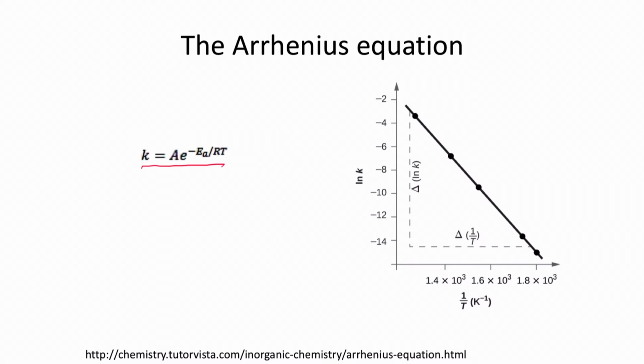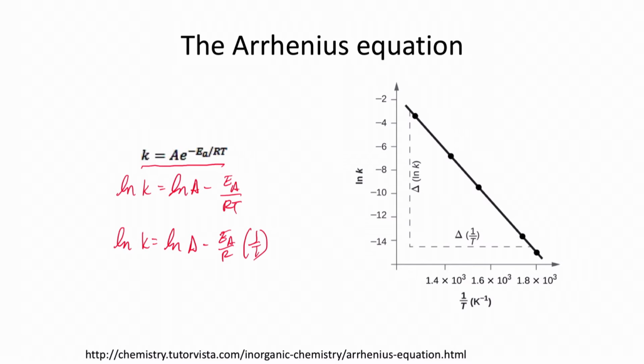If I just take the natural log of this, ln k is equal to ln A minus activation energy over RT. Or if I rearrange this a little bit, ln k equals ln A minus activation energy over R times 1 over T. And you say, why the heck would I want to do that? Well, I want to make this look like a straight line.